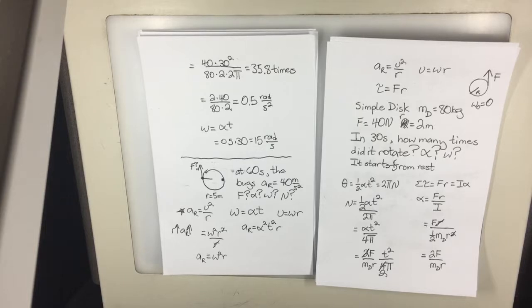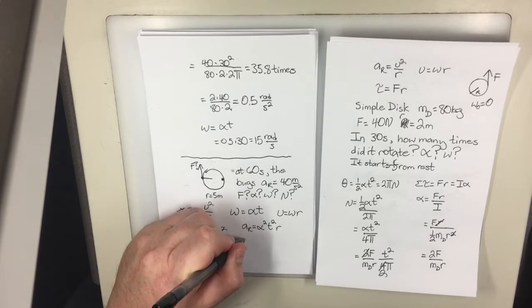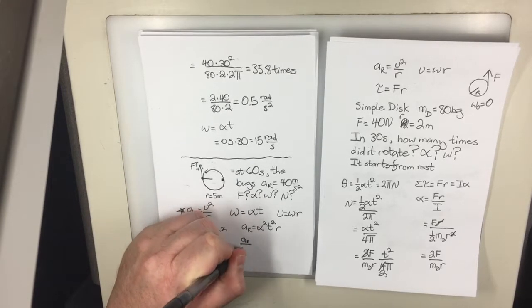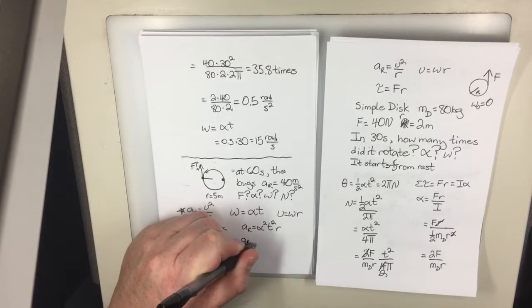In this particular case, I know what t is, 60. I know what r is, 5. I know what AR is, 40. I'm just going to solve for alpha right now. So AR over t squared r.